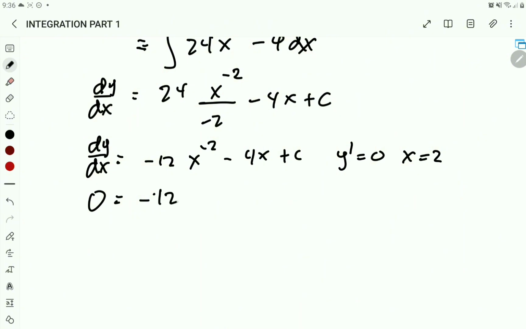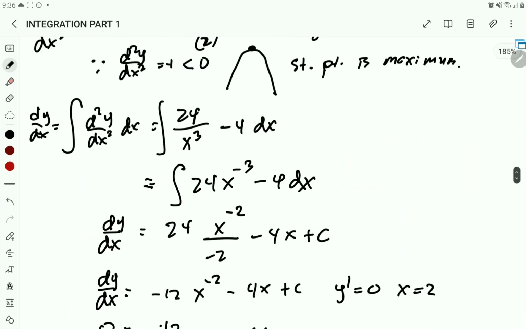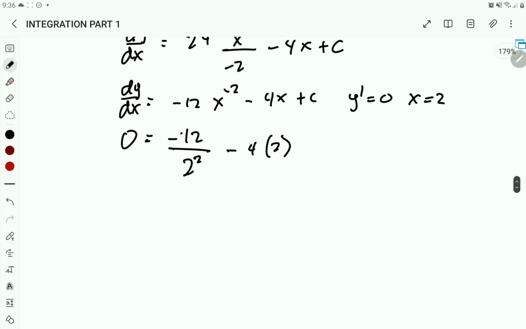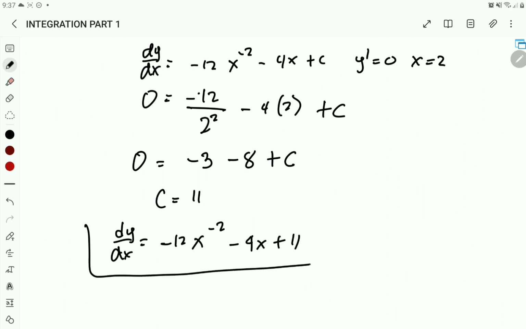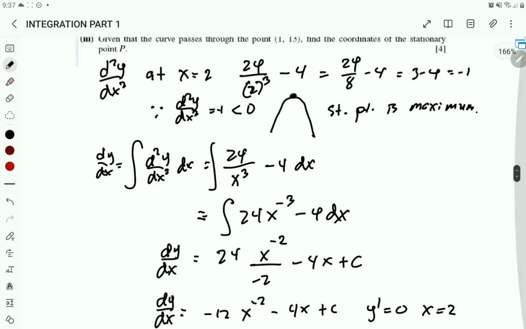So 0 is equal to negative 12 over 2 to the power of 2 minus 4 times 2 plus c. So 0 is equal to negative 12 divided by 4, negative 3, minus 8 plus c. So c is equal to 11. So dy/dx is equal to negative 12x to the negative 2 minus 4x plus 11.